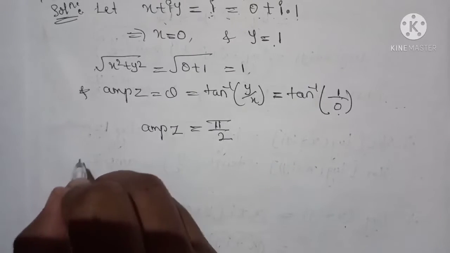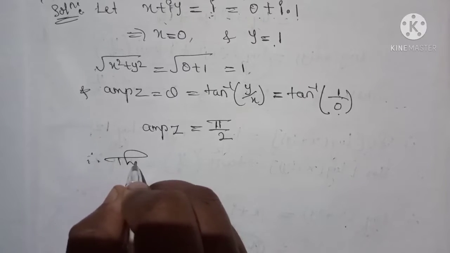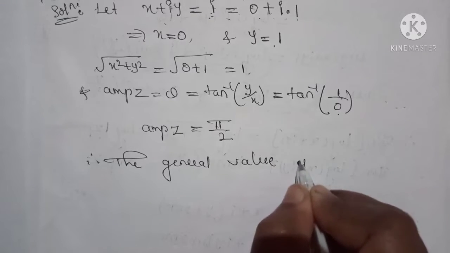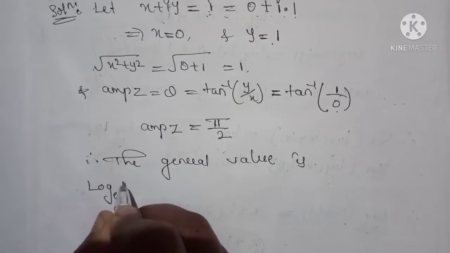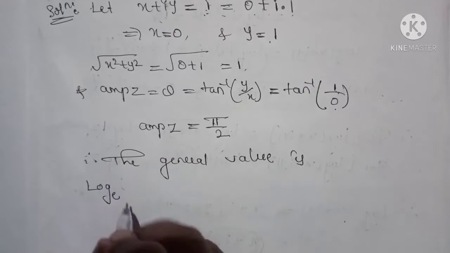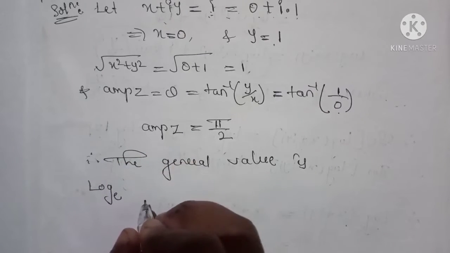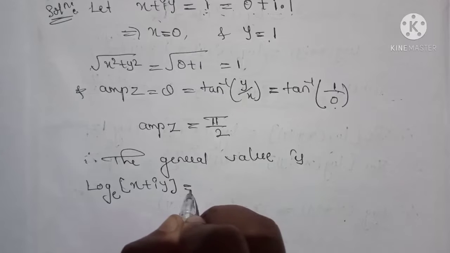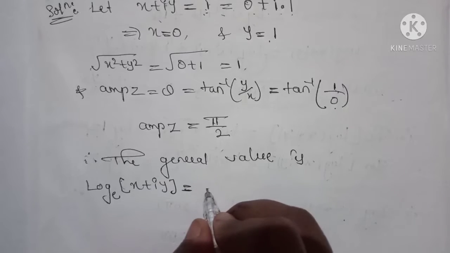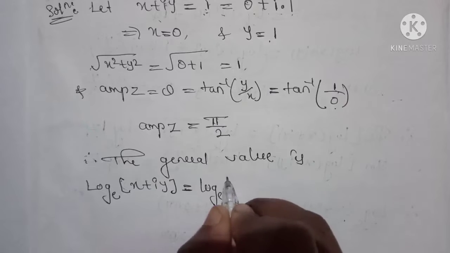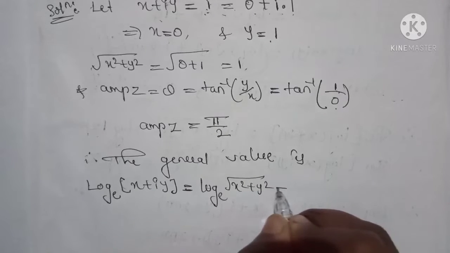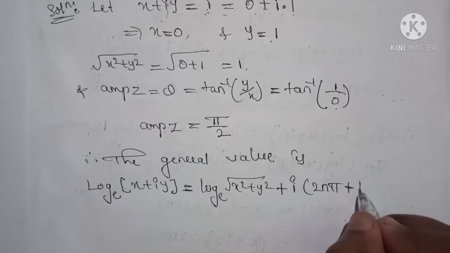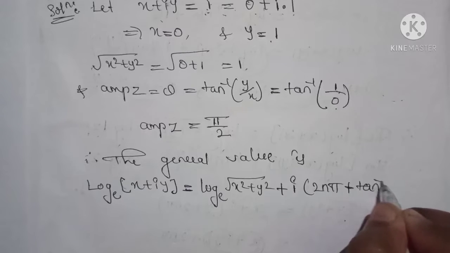So now we have the general value formula. The given complex number is i, but first we write the formula: log of x plus iy is always equal to log of the square root of x square plus y square plus i into 2n pi plus tan inverse of y by x.